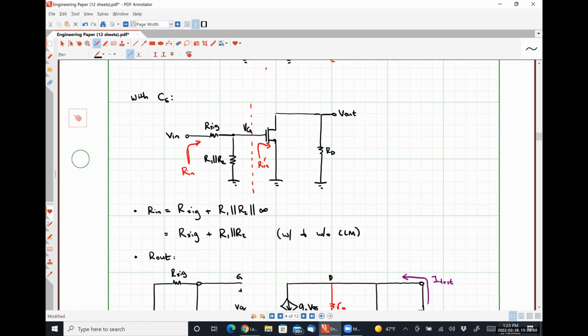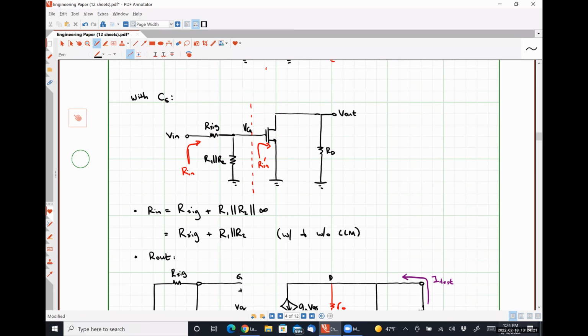again, let's throw away everything to the left of the dashed red line and treat this voltage VG as our input to this right-hand stage. So we have V in applied at the gate, V out taken at the drain. We don't have a source degeneration resistor. We do have a resistance RD placed between the output and AC ground.